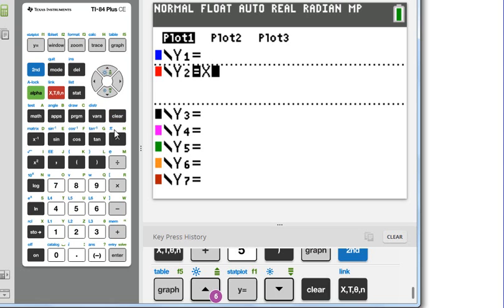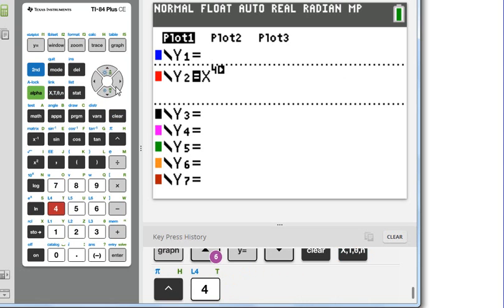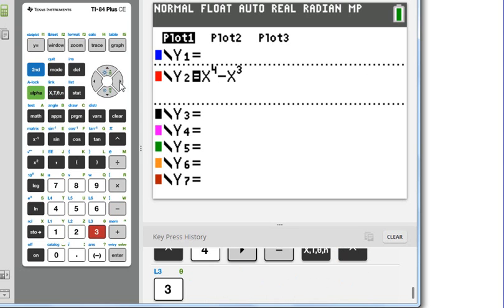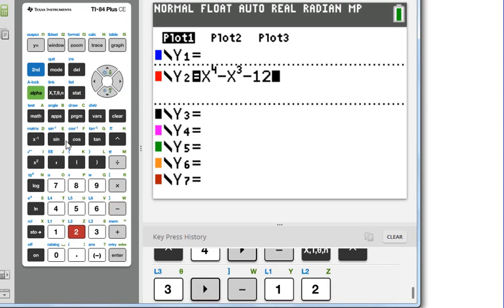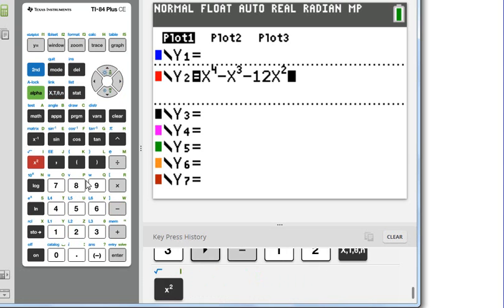So let's do that. X to the fourth power minus x cubed. And then we're going to have minus 12x squared and minus 4x plus 16.